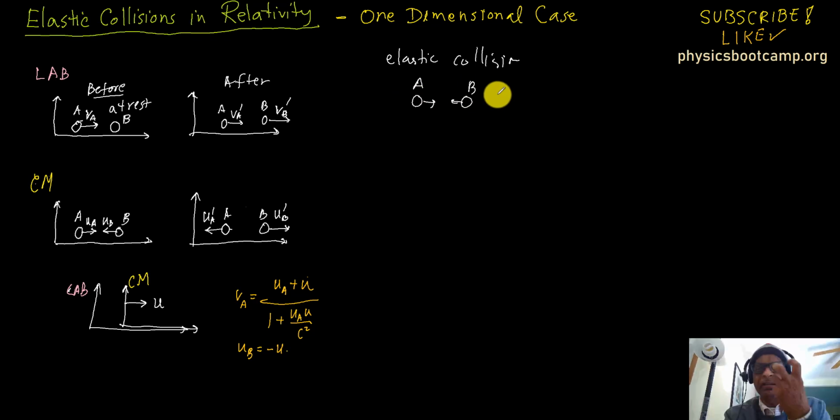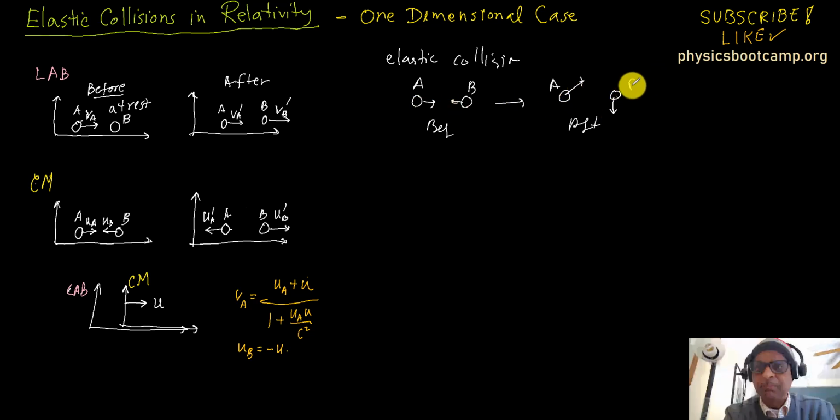If you have just an elementary particle, then these particles remain the same, okay? So internal states don't change. If this is before and this is after, then maybe this guy goes this way and this guy goes that way, whatever, but this remains A and this remains B.